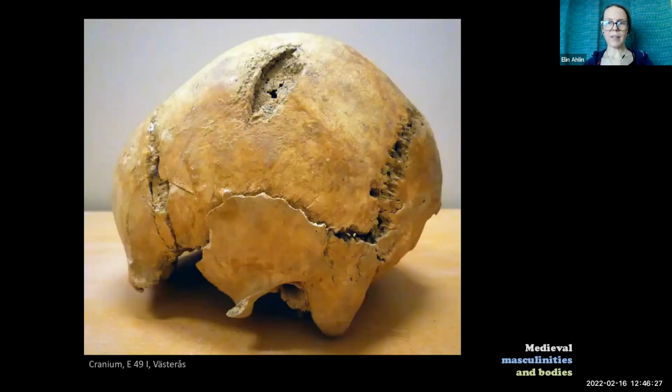And I'm looking at this cranium now with a battle wound to illustrate the complex difference, or a problem, with warrior masculinity. For on the one hand, you have to participate in battle and put yourself at risk to show strength and bravery. But on the other hand, this risk meant that you might be injured and lose your capability to participate in battle. And this is likely what happened to this person.